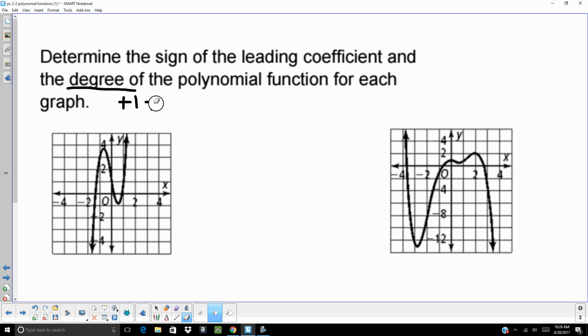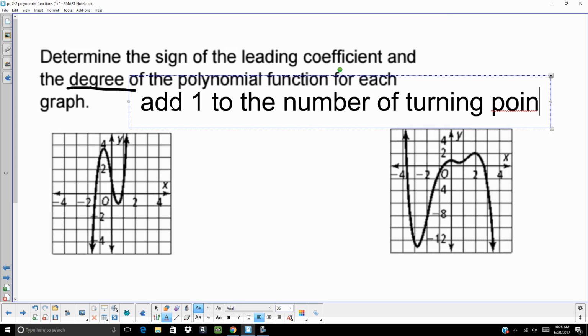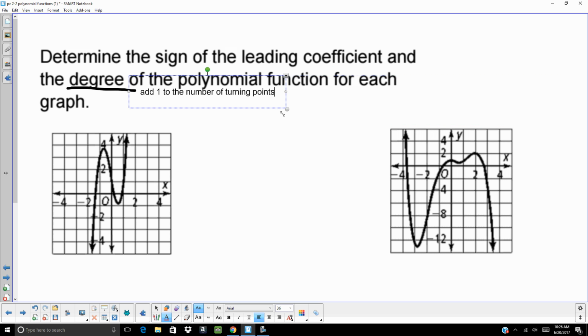I am struggling with writing, so let's just write that down. That was much easier. So the degree is you're just going to add 1 to the number of turning points.